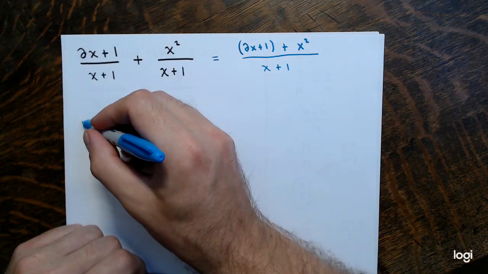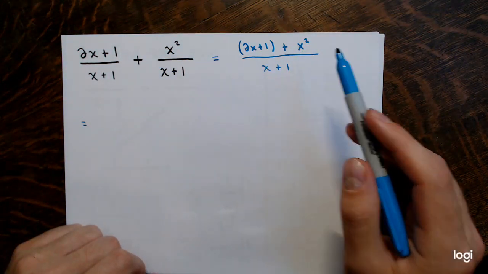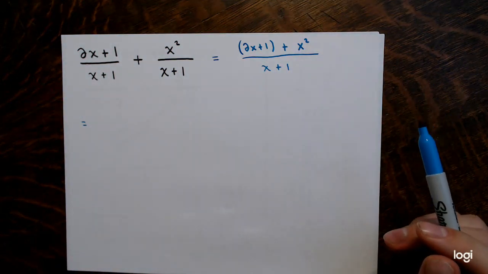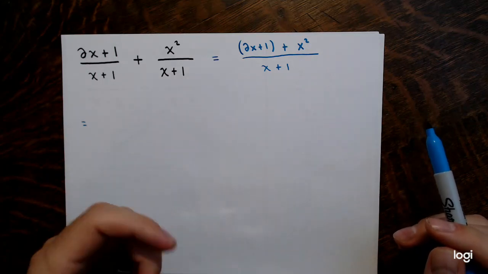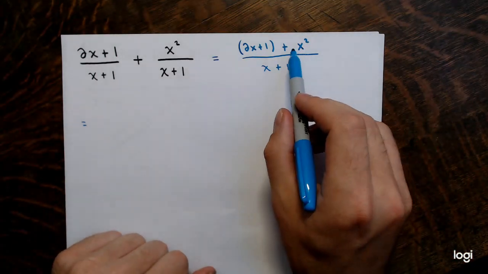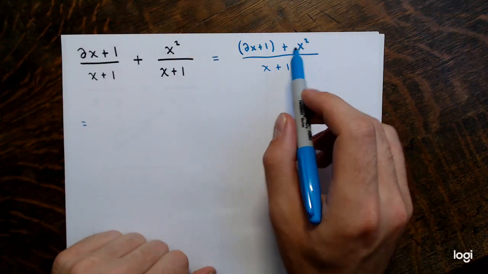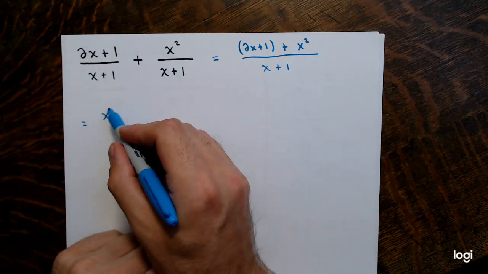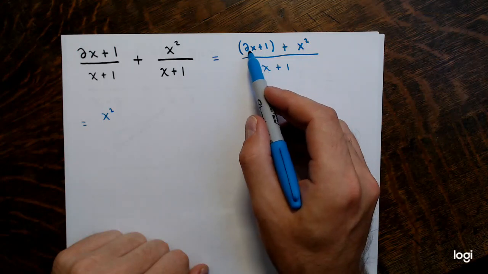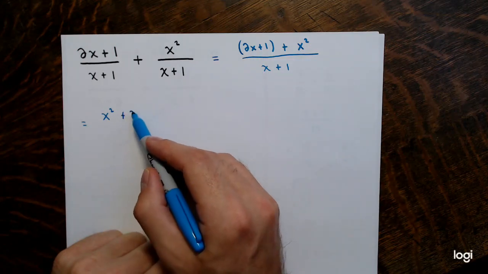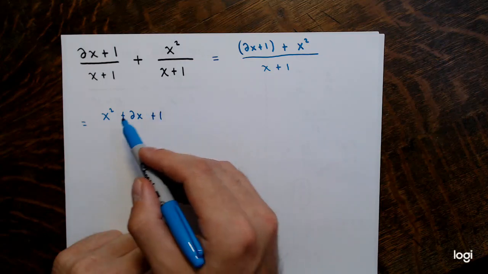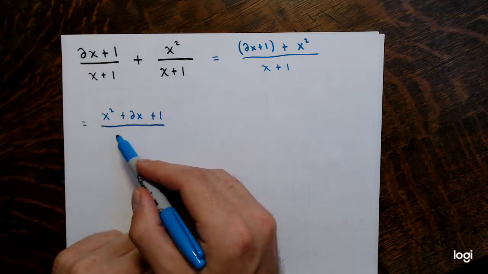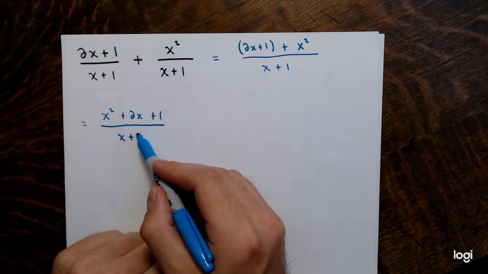So there's the sum, and then we would like to try to simplify it. First I like to write all my polynomials in descending order. So up here I'm going to put the x squared term first, then the positive 2x term, and then the positive 1, divided by x plus 1.